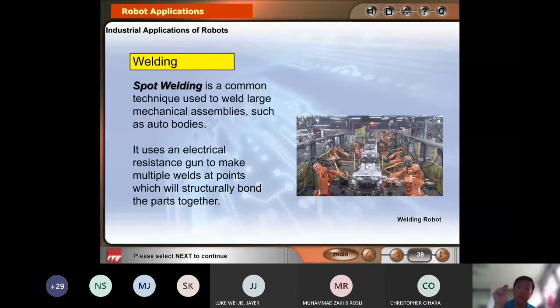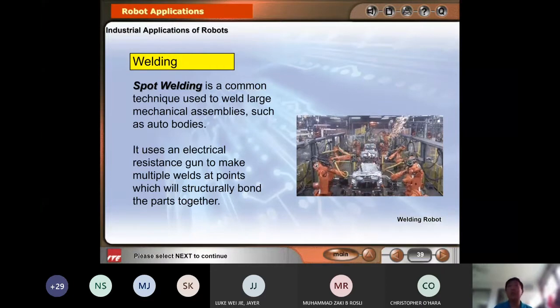It's like contact glue. You drop one drop of glue and push the two things together. But the difference is this forces the metal together, short circuits, and melts the metal together at one point only. Spot welding is very commonly used in car manufacturing. Your car body and the motorbike body, most of the parts use spot welding, especially for sheet metal, for large objects.